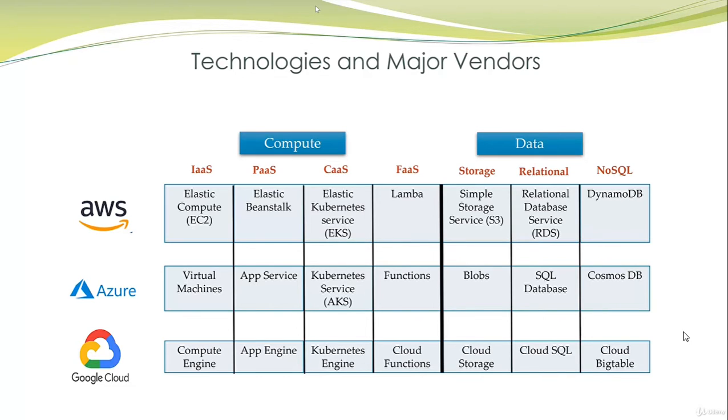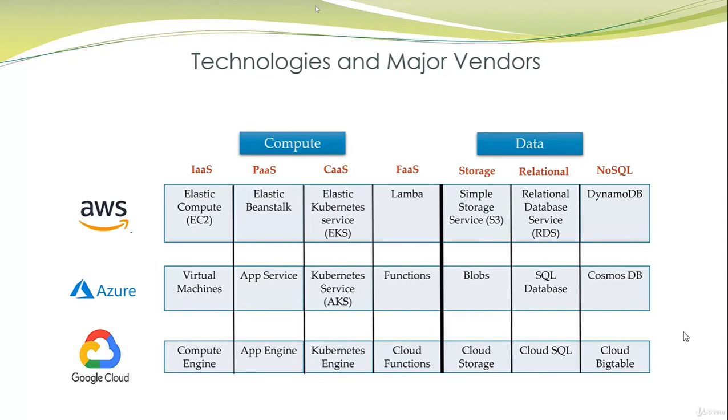And for containers as a service, they offer the Elastic Kubernetes Service, EKS. As I mentioned earlier, all of the leading cloud platforms today support Kubernetes for working with containers. They also offer serverless computing, functions as a service, with a service called Lambda.